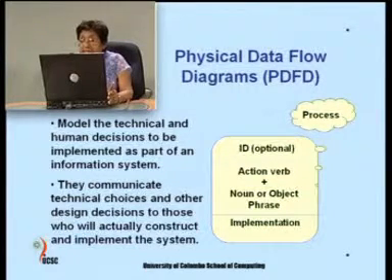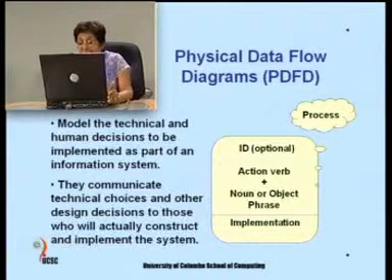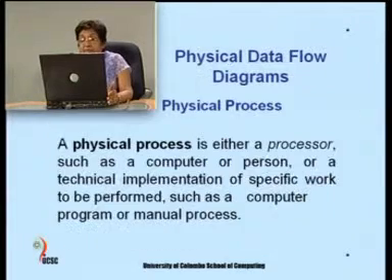So, if there is a process diagram, then the symbol will have to contain an ID. It may be optional or it may have to be there. Then there is an action verb combined with a noun or object phrase, and there is an implementation mechanism that also has to be there.